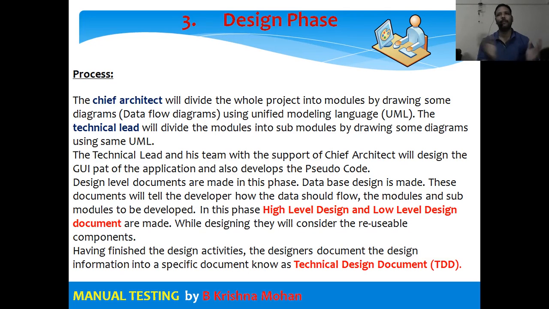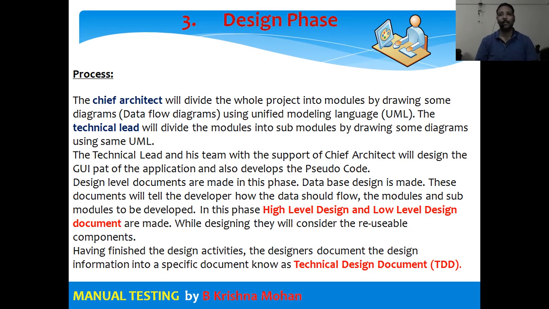Some companies club those two documents into a single document, considered the technical design document. But in some companies, they maintain individual documents: the data flow diagrams document will be separate, process flow diagrams will be separate, and for pseudocode, they will maintain a separate document.